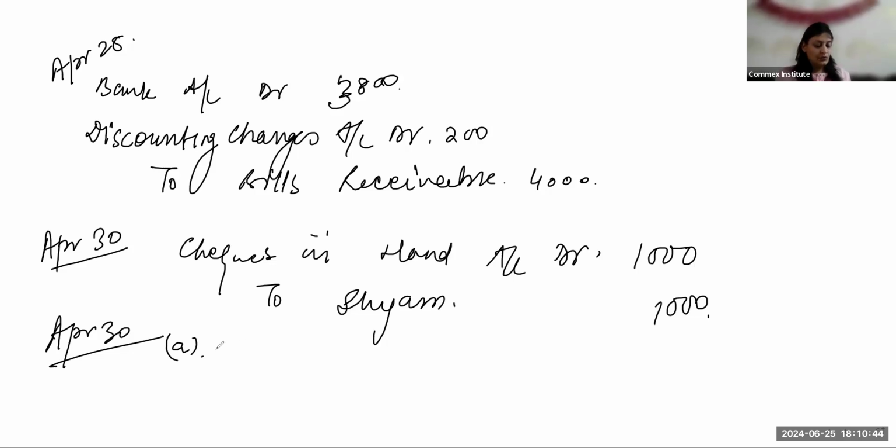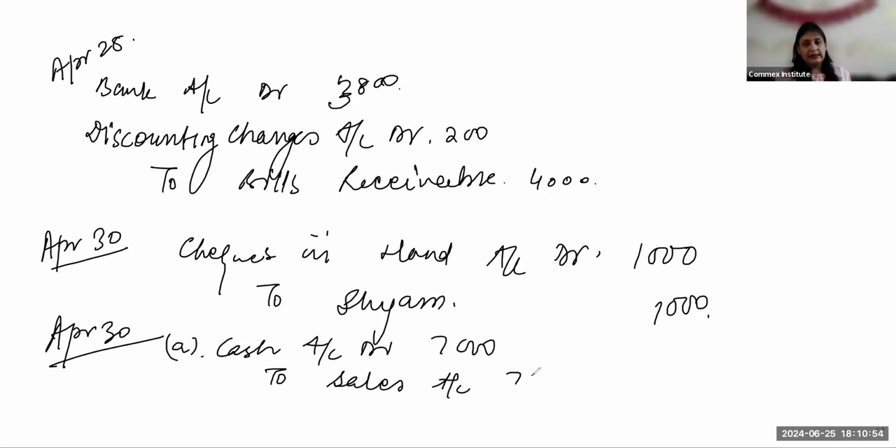So the A entry would be cash account debit to sales account 7,000 and 7,000. And the B entry would be a contra entry of depositing the cash into bank. It'll be bank account debit to cash 3,500, 3,500.